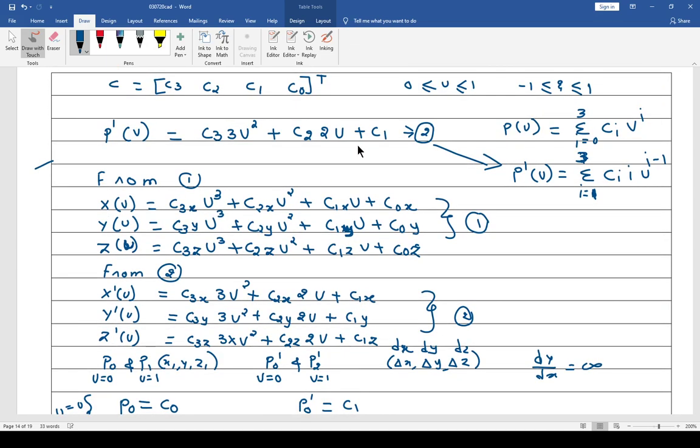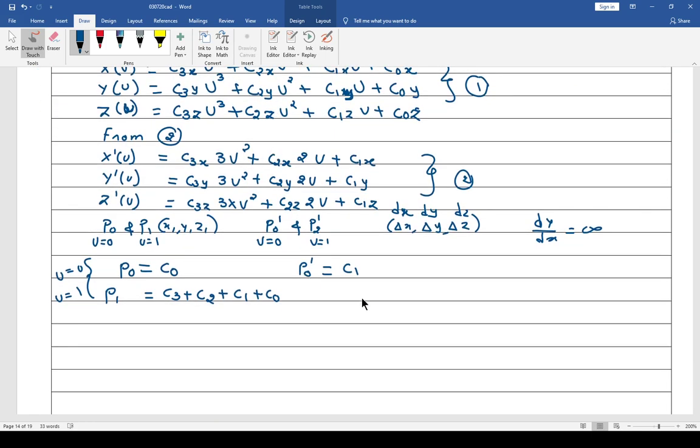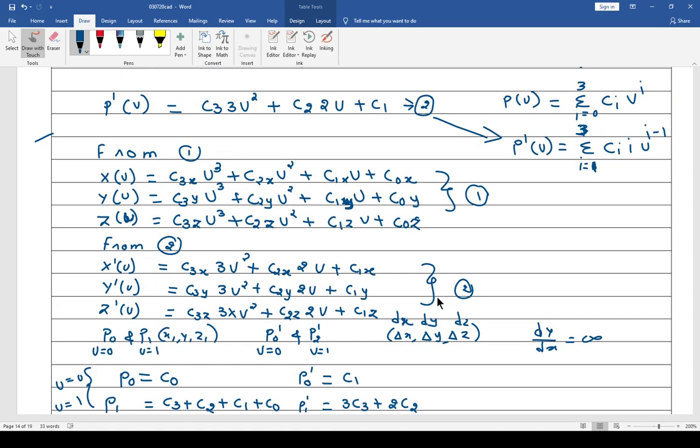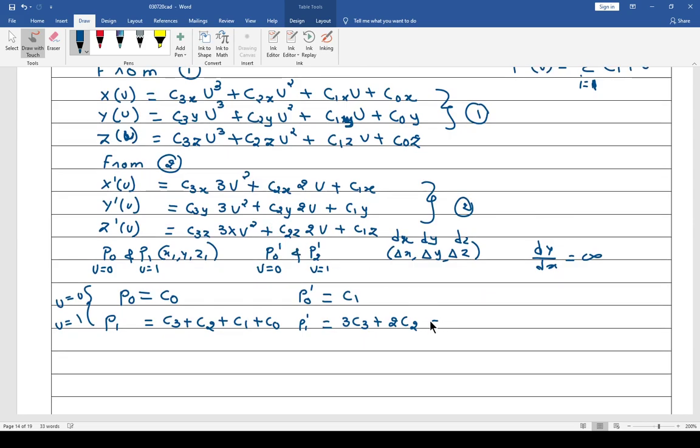Similarly, if I put u equal to 1, I get p1 dash equal to 3 times c3 plus 2 times c2 plus c1. This is for u equal to 0, and this is for u equal to 1.